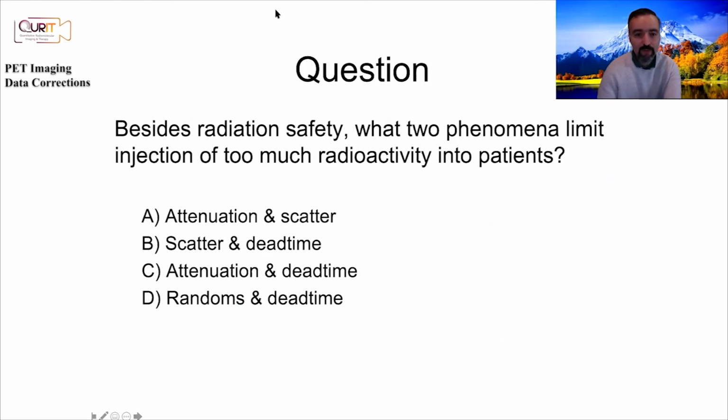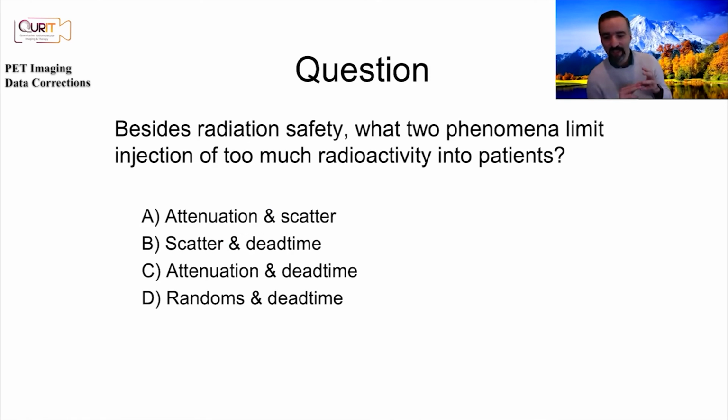So here's a question for you. Besides radiation safety, what two phenomena limit injection of too much radioactivity into patients? Obviously we cannot inject our patients with too much for radiation safety reasons, but let's forget about that. Let's say that was not a problem.